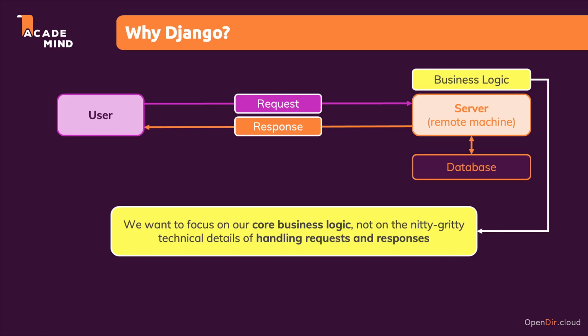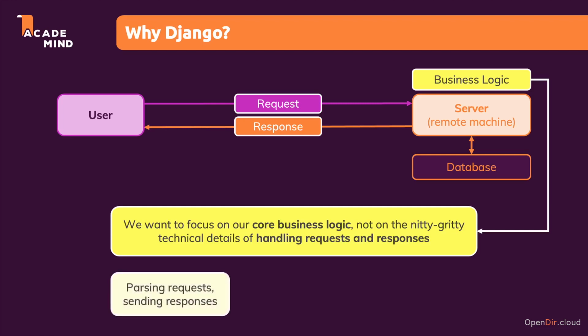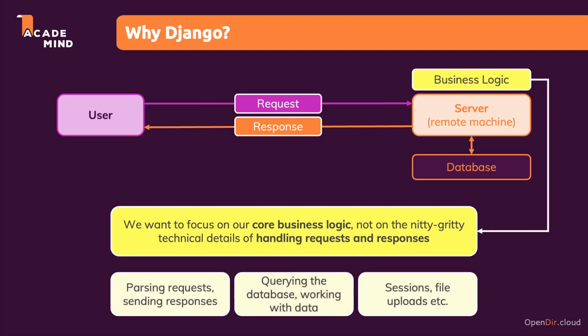That might, for example, be that we're building an online shop, and then we want to focus on how we serve and present the products to the user and how we handle incoming orders. But we don't typically want to write the nitty-gritty code for parsing the incoming request, or for establishing a connection to the database, or for validating user input. We don't want to do that.